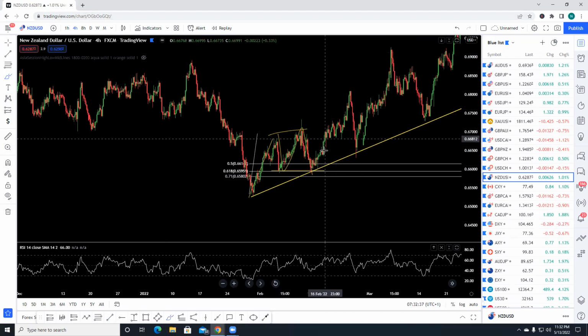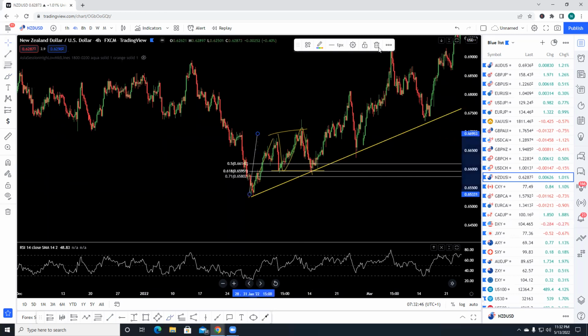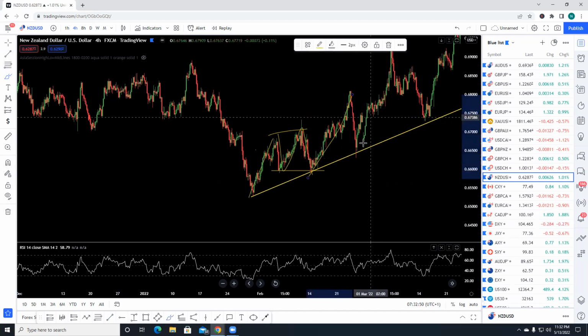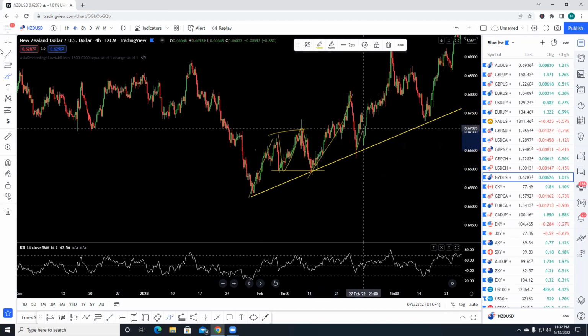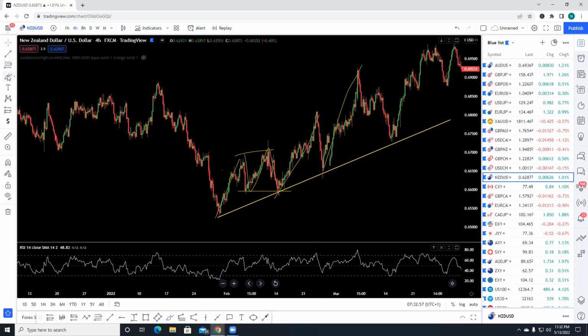Let me show you another one. You have another push here. All right. Let me delete this one. Excuse me. You have another push here. Look at another push here. Okay. No, let's use this one. See another push here. Now, look at this structure. This is what is called zigzag corrective structure.